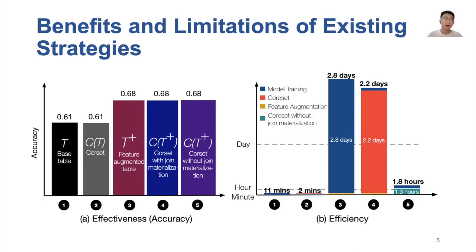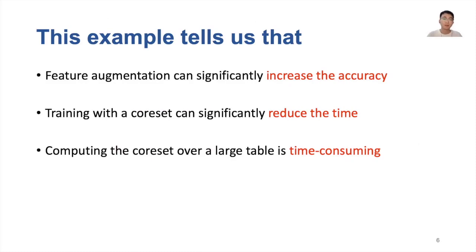Therefore, the size of the augmented table is likely to be much larger than the base table. This example tells us that the feature augmentation can significantly increase the accuracy, and training with the coreset can significantly reduce the time. However, computing the coreset over a large table, for example, the augmented table, is time-consuming.